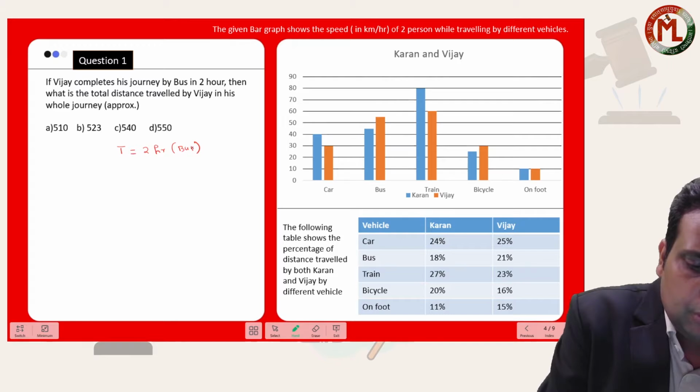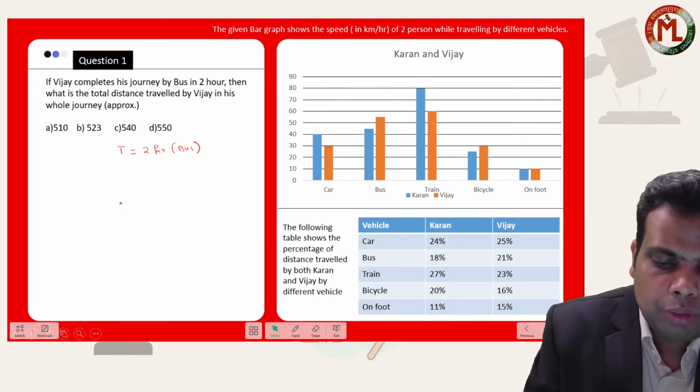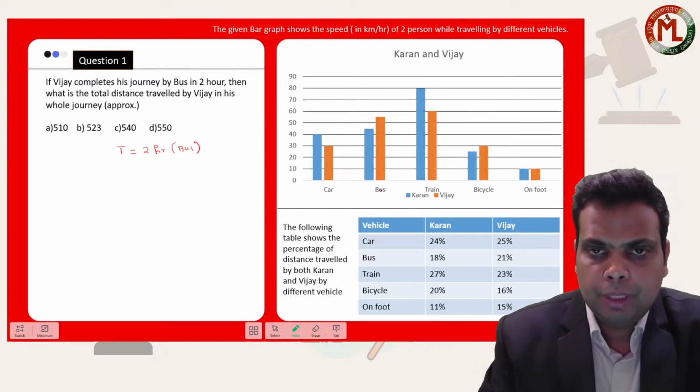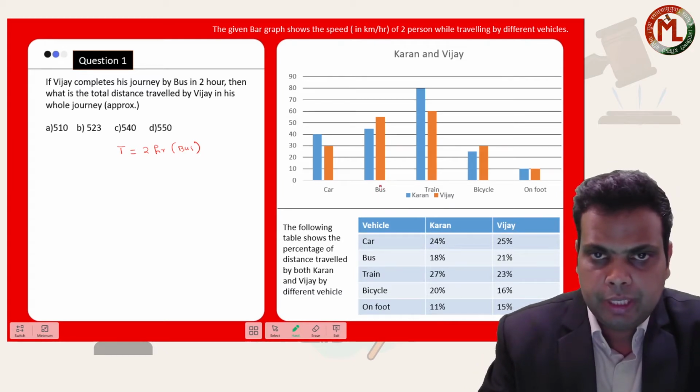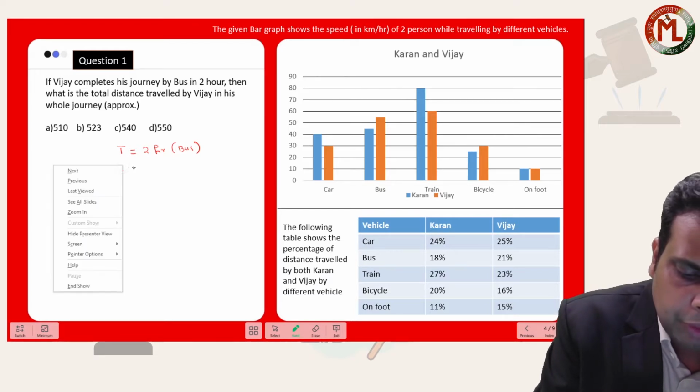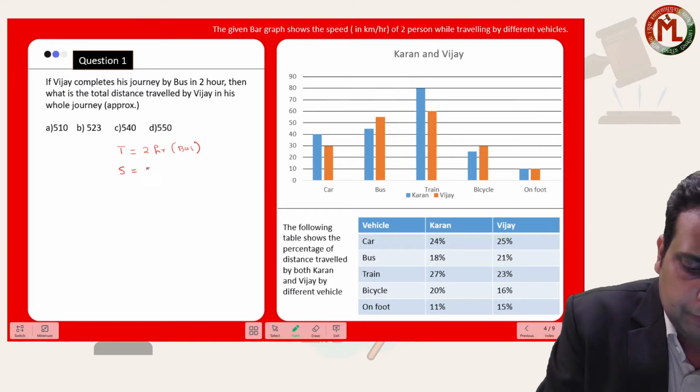Now, can we find out Vijay's speed by bus? Vijay's speed by bus is 55. The speed of the bus is 55 kilometer per hour.